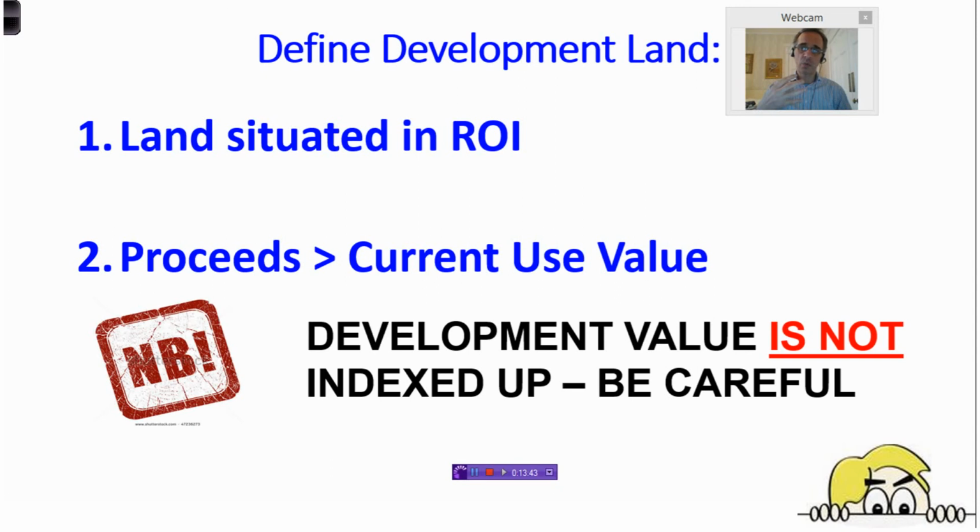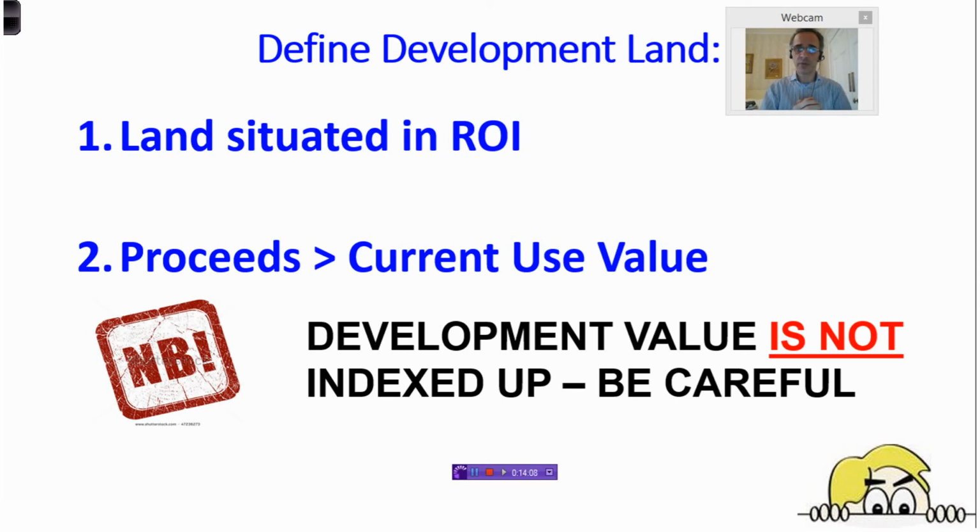Really, what we mean by that is there's some element of increment in the value that is down to the fact that the land has some potential, in other words, some potential over and above its normal current use value.